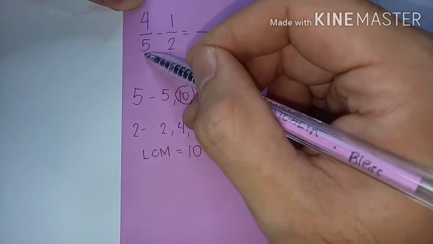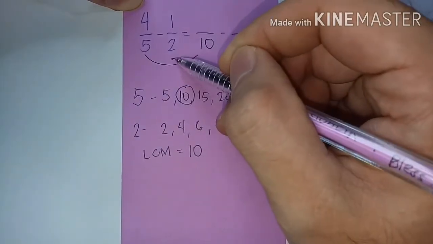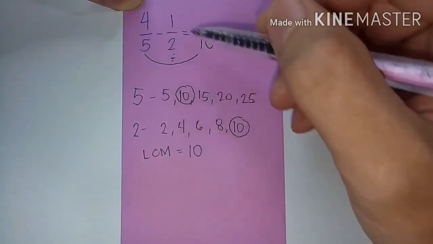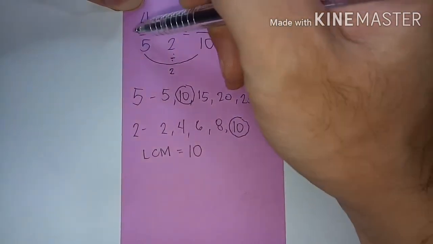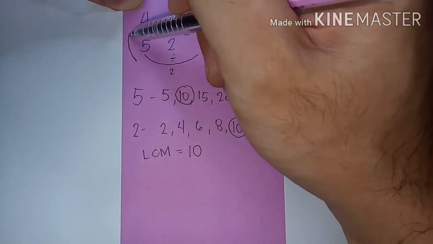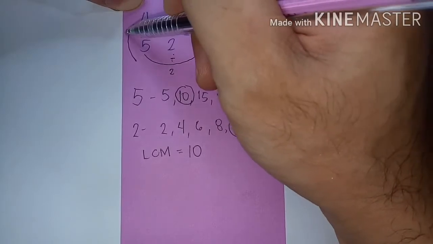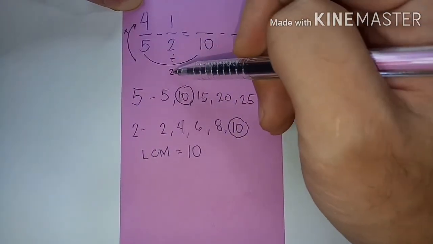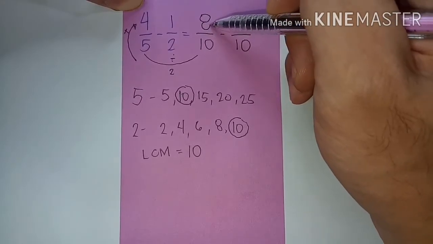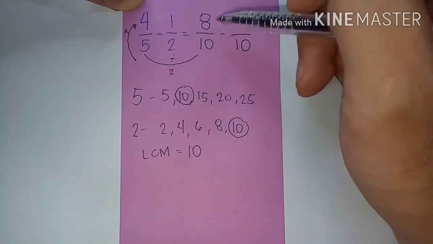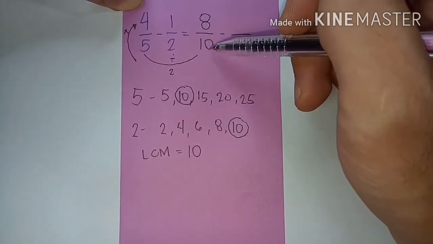Then, yung sagot doon, ita-times naman natin sa numerator. We will multiply. 2 times 4 is 8. Okay. So, yung 4/5 siya na ngayon ay si 8 over 10.